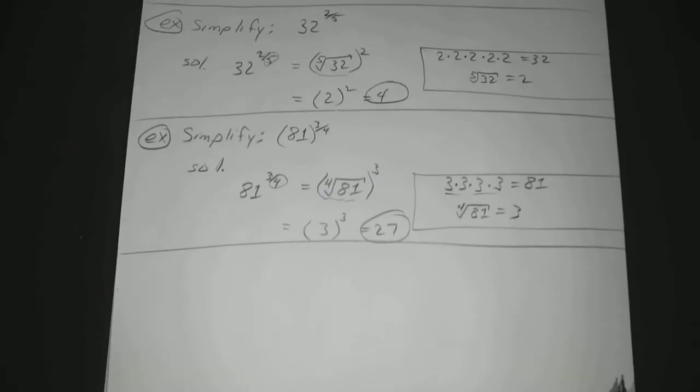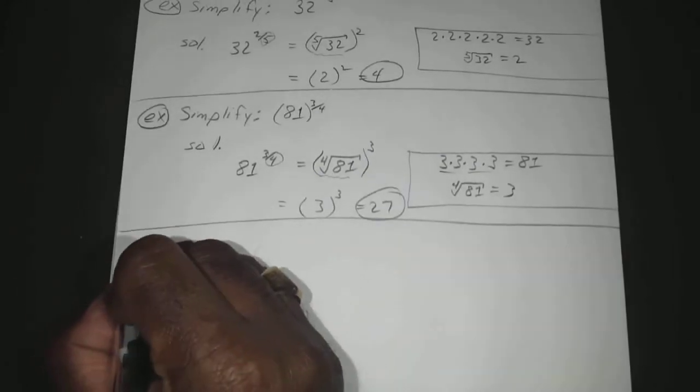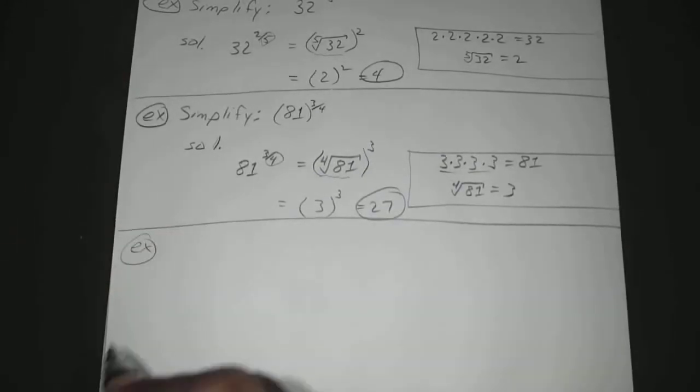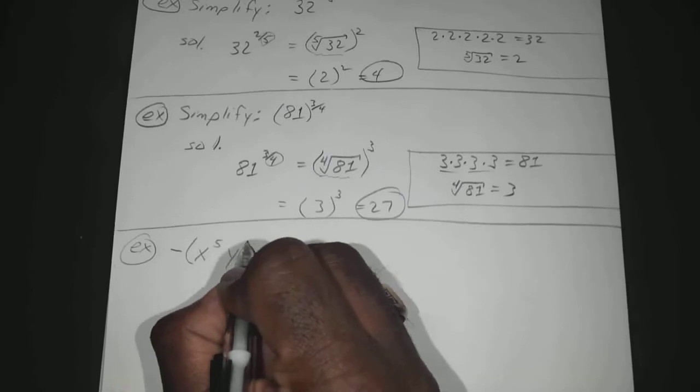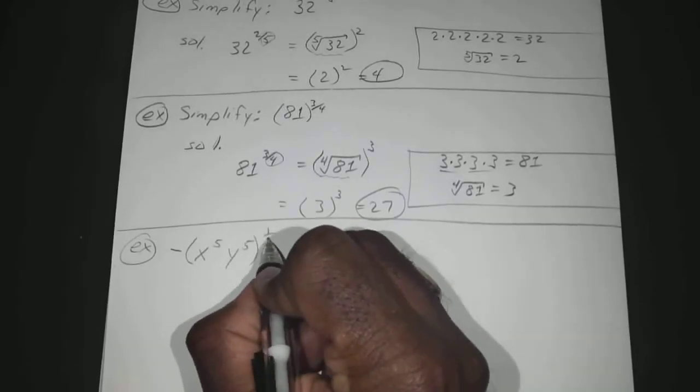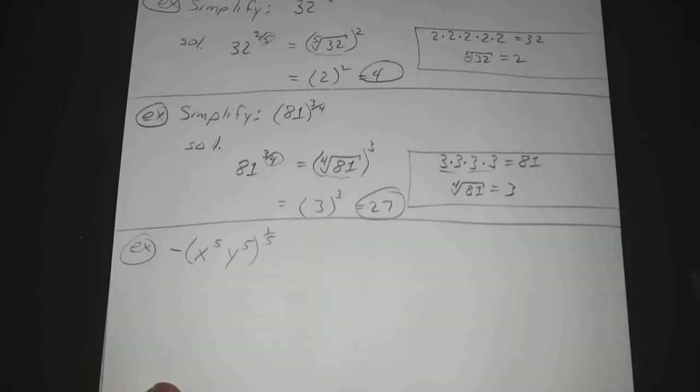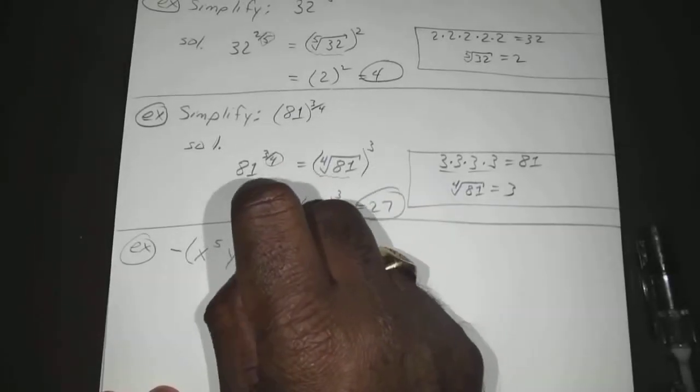Let's say for our next example, we wanted to simplify negative x to the 5th power times y to the 5th power, and raise that to the 2/5 power. Change it up a little.